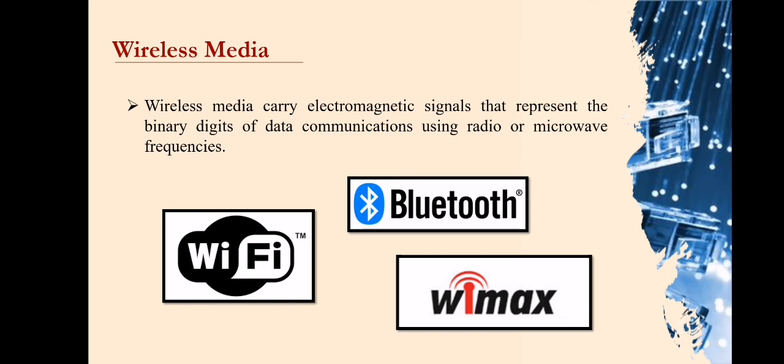Compared to copper and fiber media, wireless media provides the greatest mobility options of all media, as you experience when you are connected over Wi-Fi. The three pictures shown here are examples of wireless media. You may make use of Wi-Fi, Bluetooth, or WiMAX.